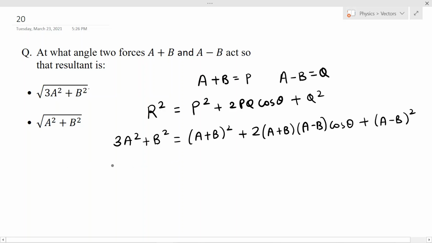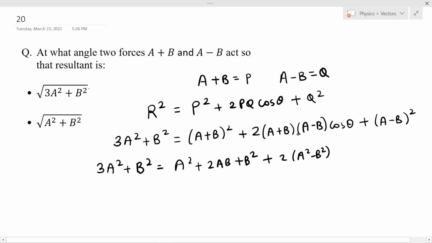So this becomes 3A square plus B square is equal to A square plus 2AB plus B square plus 2 times A plus B into A minus B, which is A square minus B square, cos theta, plus A square minus 2AB plus B square.